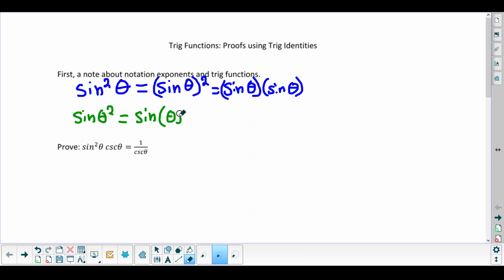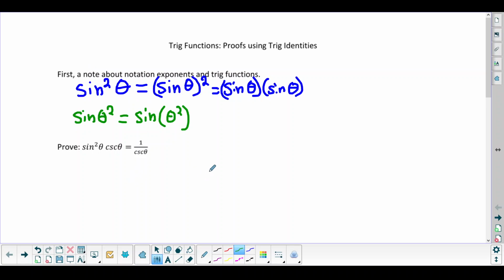That's where the angle is squared first, and then we plug it into sine. Okay, so there's a difference. In this one, we calculate sine of the angle, and then we square the result. And in this one, we calculate the square of the angle, and then we sine the result. So whenever you see the squared on the sine, it means the entire thing is being squared.